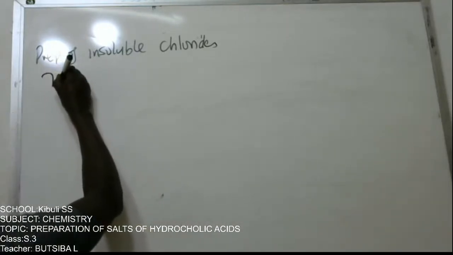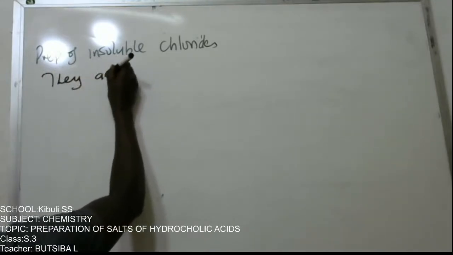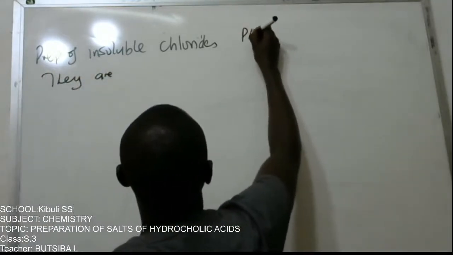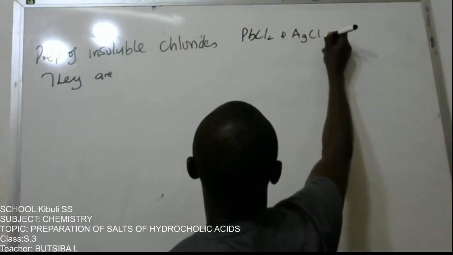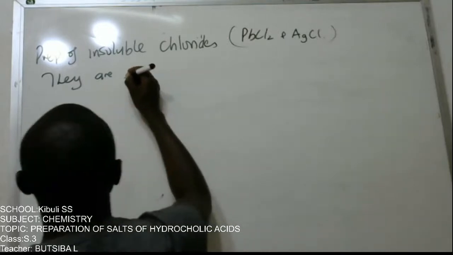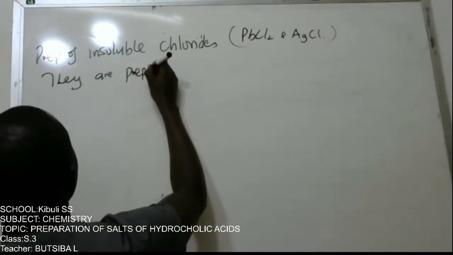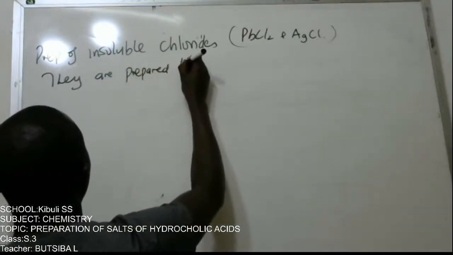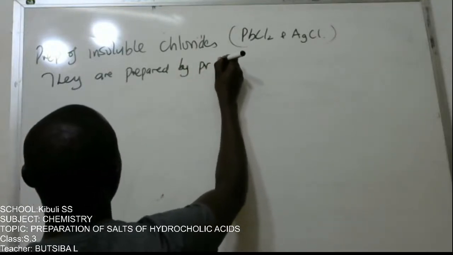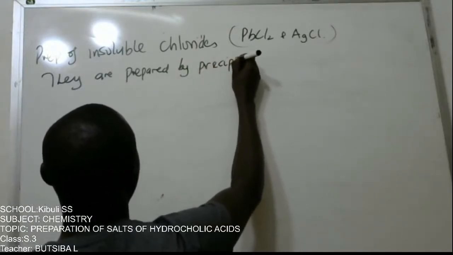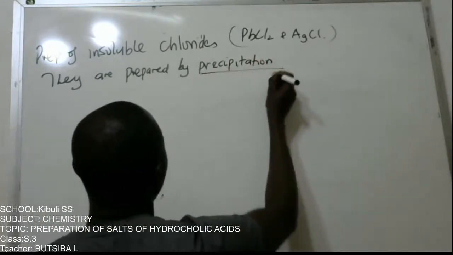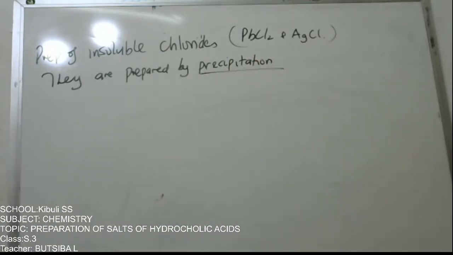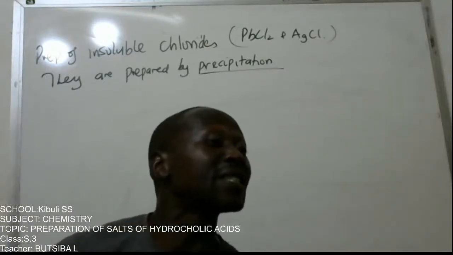So we are noting that these are PbCl2 and AgCl. They are prepared by precipitation. So what is a precipitate?